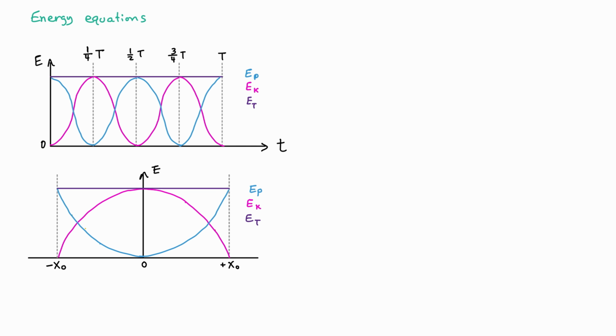We have now developed an equation for the velocity of the object, and I have a separate video explaining why this is the case, where velocity is equal to the angular velocity multiplied by the square root of the amplitude squared minus the position squared. But we can use this idea to develop the kinetic energy equation. So I'll write that in pink.